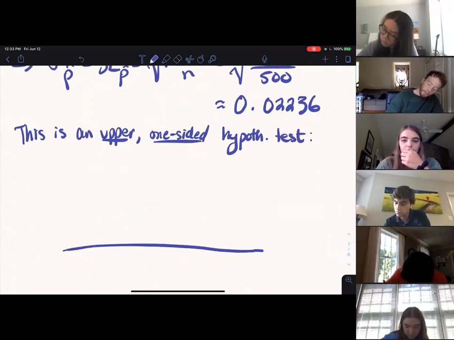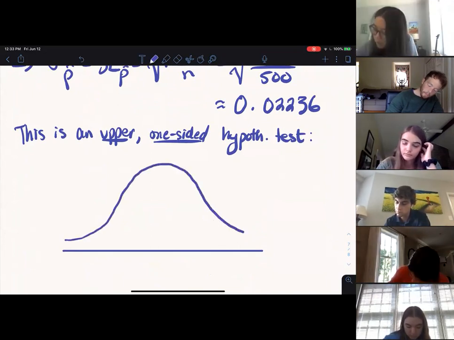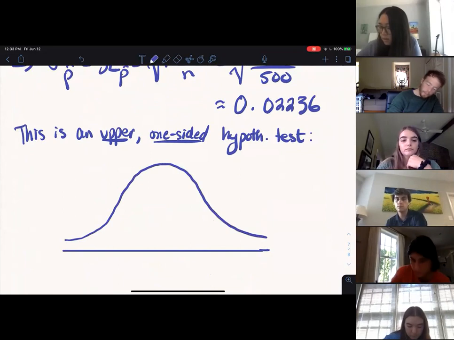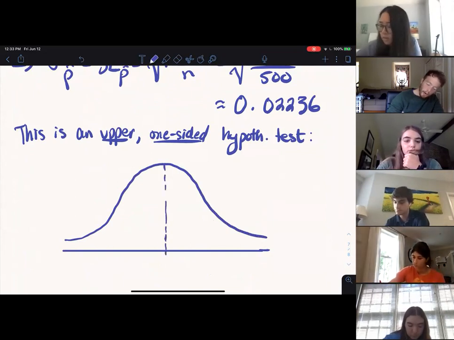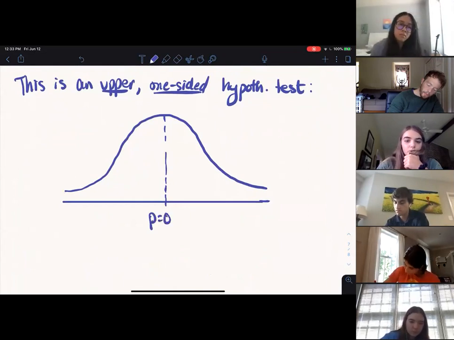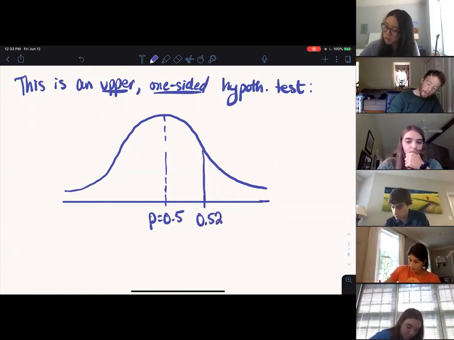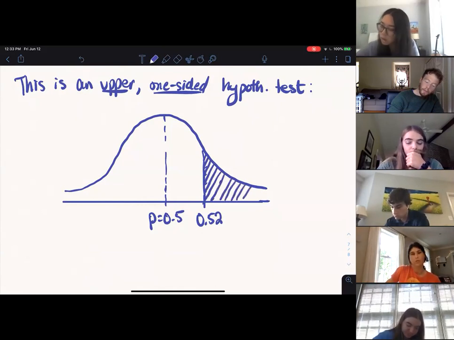We have this normal distribution, something like that. It is centered at our null value, which we said p was, and we have this other value that we observed. We observed 0.52. So what we want, for a one-sided upper, is the probability of being at and above.